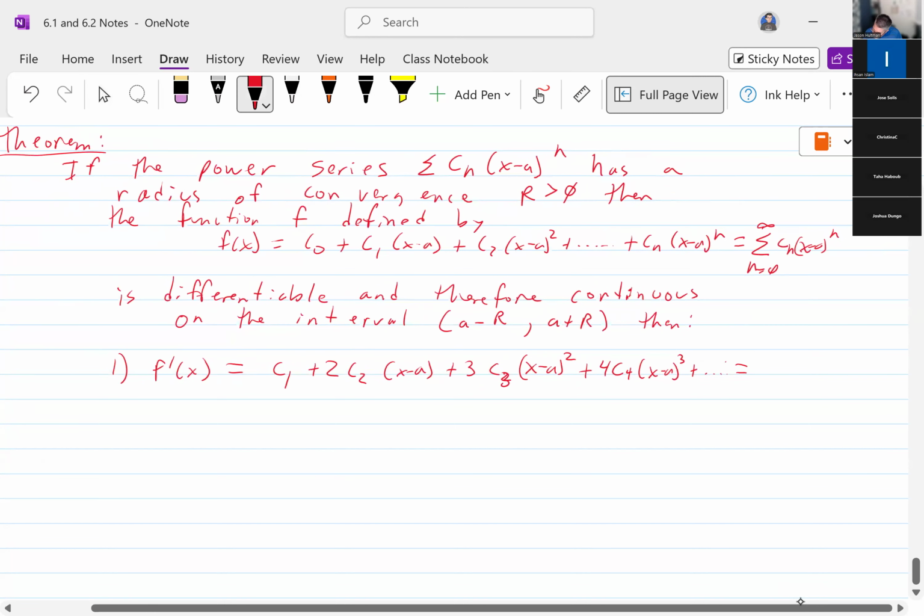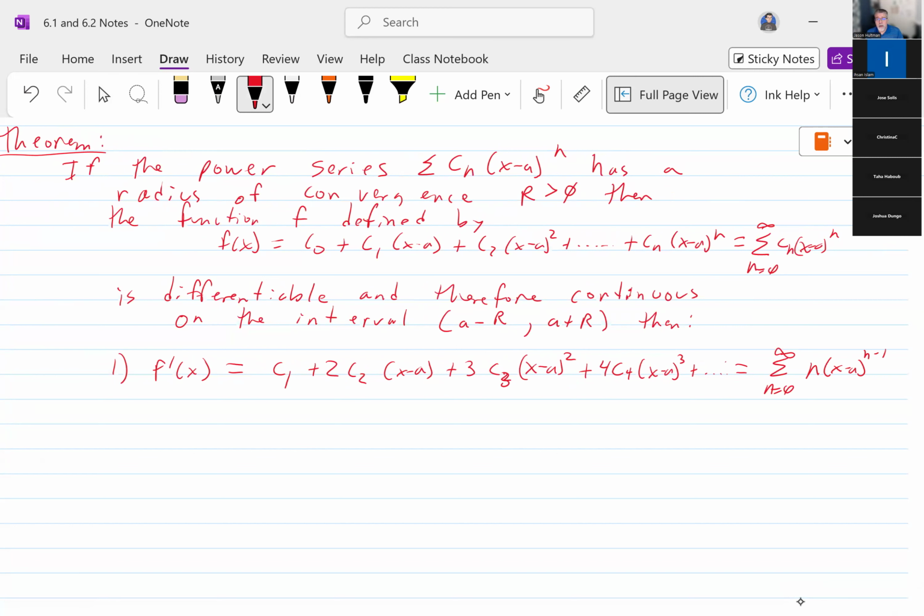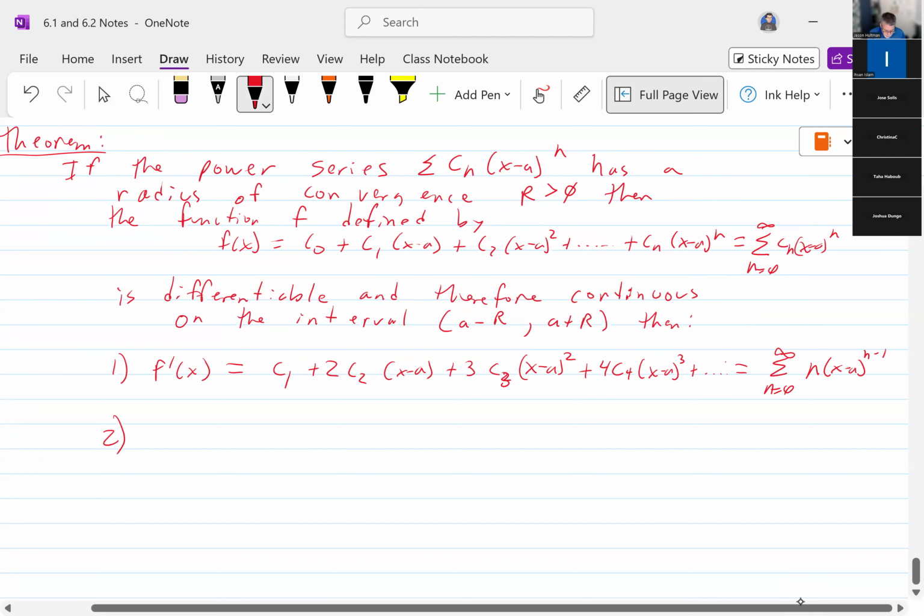This is equal to the summation of n times Cn times x minus a to the n minus 1 power. Basically we're just going to take the derivative term by term, and it ends up being this nice little power series. 2. We can also integrate term by term. The integral of f of x dx is going to give me c. This c is a constant.